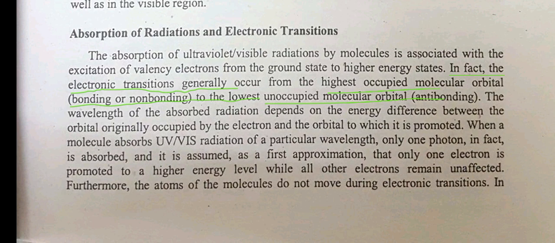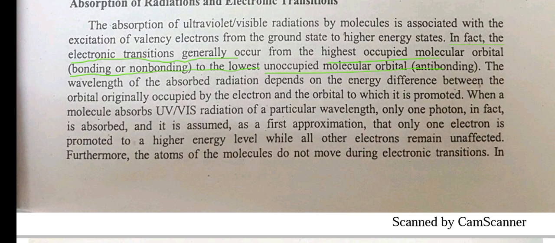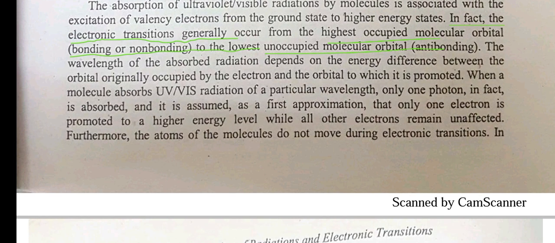When a molecule absorbs UV-visible radiation of a particular wavelength, only one photon is in fact absorbed, and it is assumed as a first approximation that only one electron is promoted to a higher energy level while all the other electrons remain unaffected.